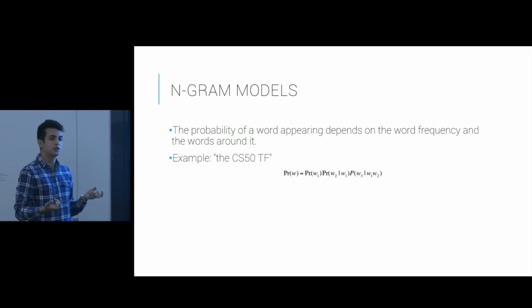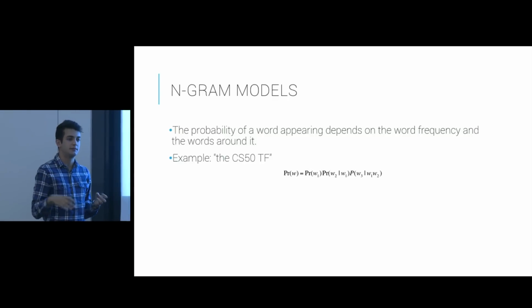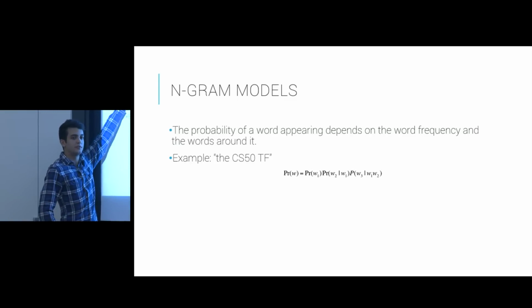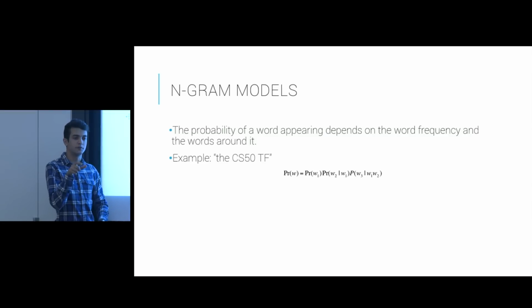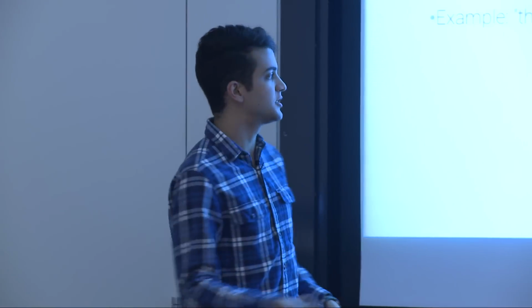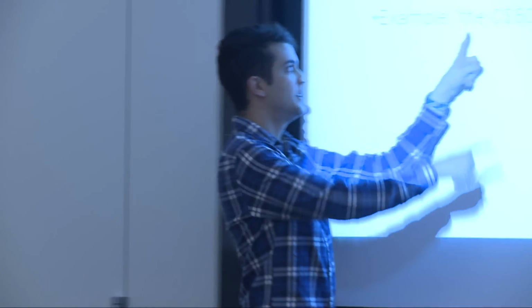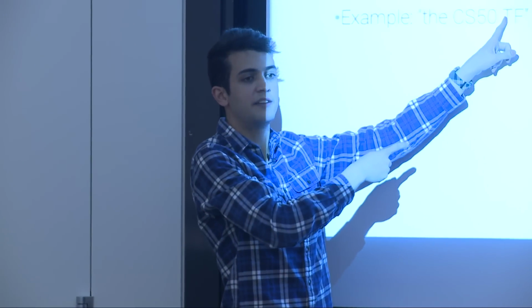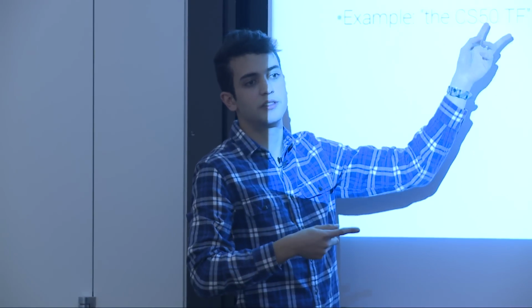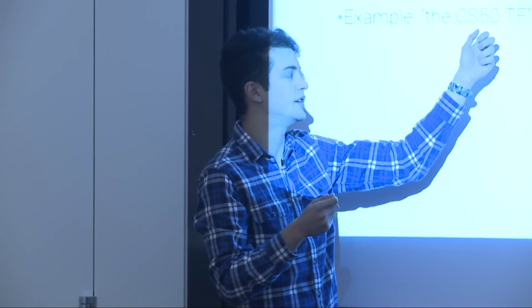Usually when you're doing this in a project, you set n to a low value, so you have bigrams or trigrams, where you just count groups of 2 or 3 words, for performance reasons. And also because, if you have something like this is CS50, when you have is, it's very important that CS50 is next to it, right? Those two things are usually next to each other.